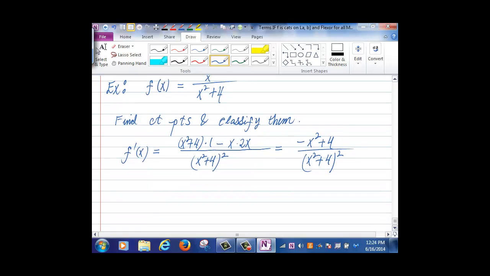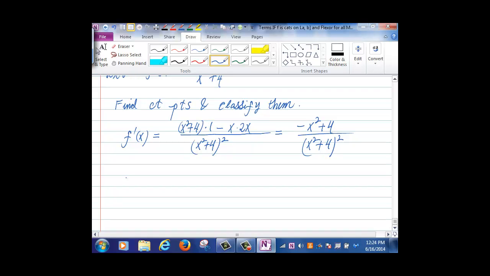Now, I am going to also find the second derivative. The second derivative would be the derivative of the derivative. So you take the square of the denominator. If I take the square of the denominator, what do I get? x squared plus 4, to the fourth power, right? And then I get x squared plus 4, squared, multiplied by the derivative of the numerator, which is negative 2x.